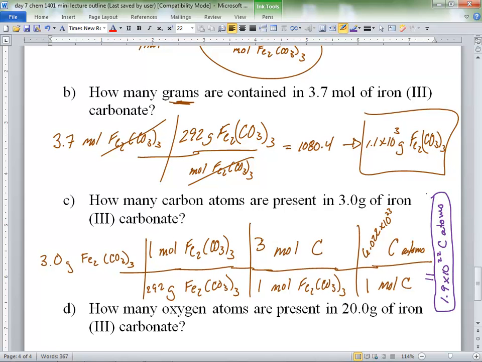That's what I got. And since I started with only 2 sig figs, I gave my answer to 2 sig figs. So hopefully you get that: 1.9 times 10 to the 22 carbon atoms.